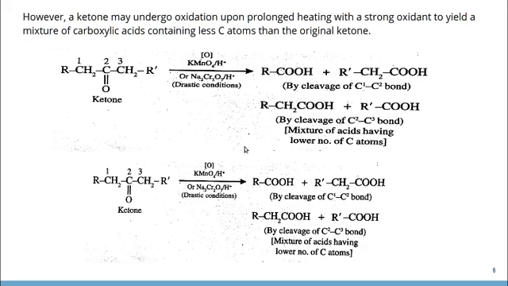So always under drastic conditions, when we heat a ketone with a strong oxidizing agent, we will get a mixture of carboxylic acids containing fewer carbon atoms than the original ketone. That's all about the oxidation of aldehydes and ketones with strong oxidizing agents.